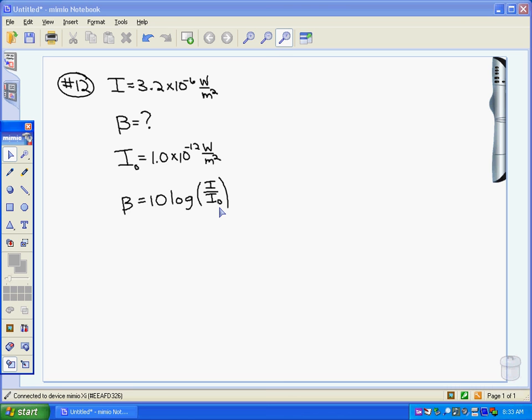So you get beta, or sound intensity level, is equal to 10 times log of 3.2 times 10 to the negative 6 watts per meter squared, and that whole thing is over 1.0 times 10 to the negative 12 watts per meter squared. Punch that into your calculator, and you get that the sound intensity level is 65 decibels, or dB.